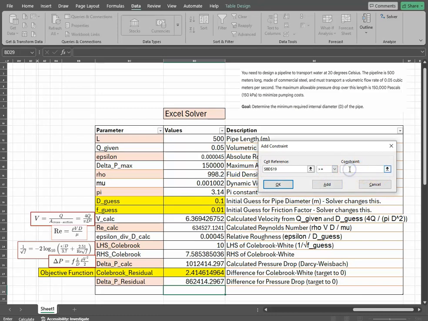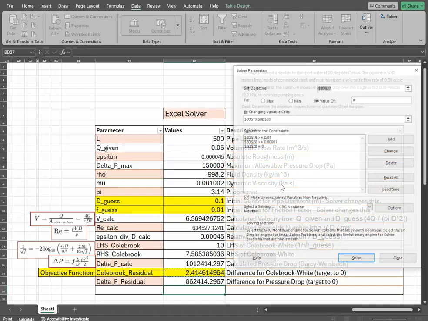I am putting some 0.01, and F value must be greater than obviously 0. So I'm putting 0.00001, a small value. Another is here, delta P residual must be 0. So for that I'm selecting this one, that is equal to 0.